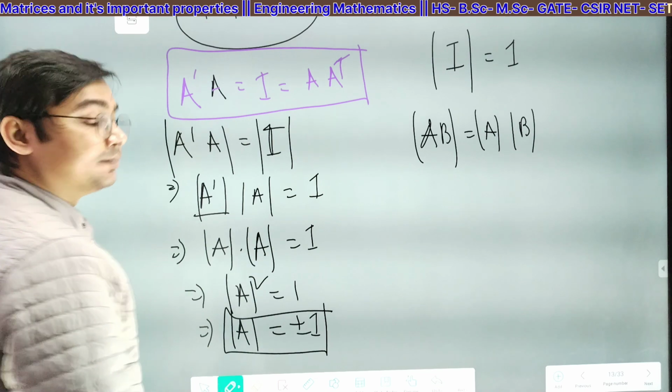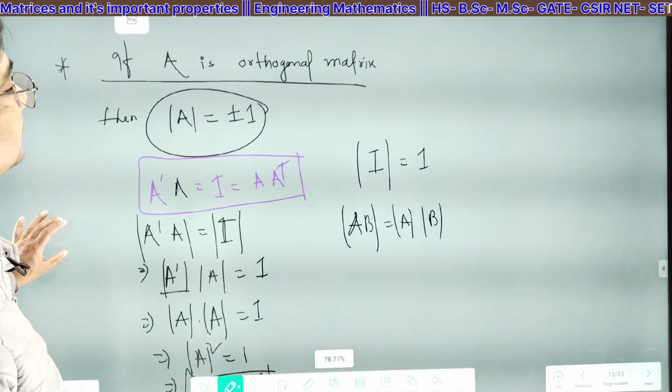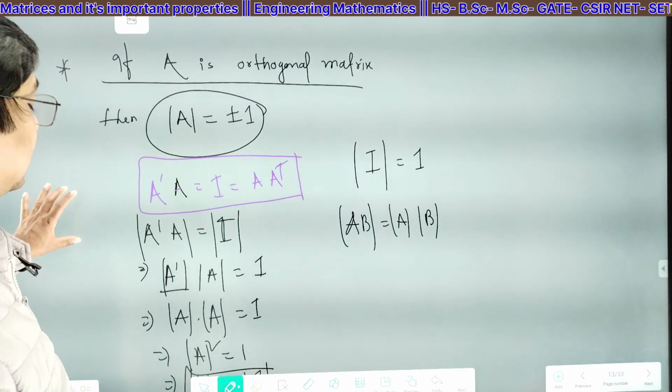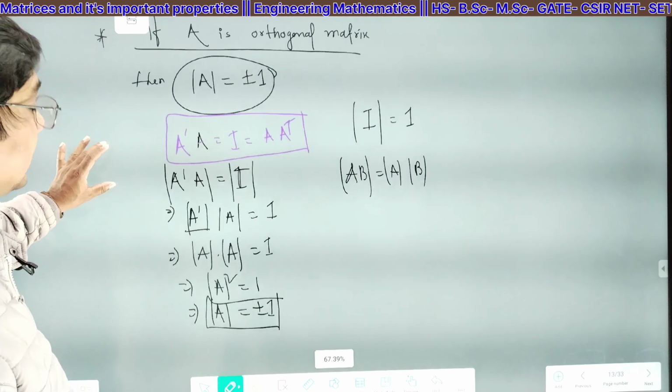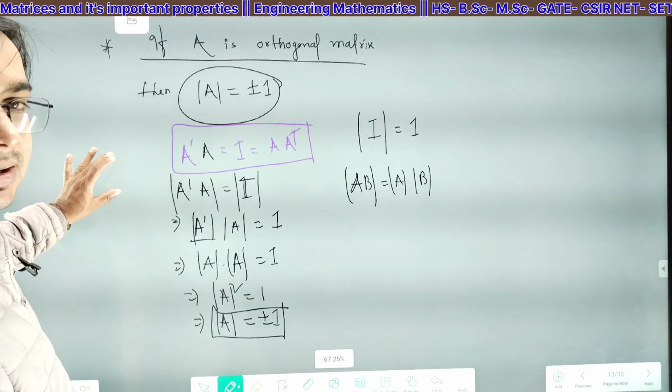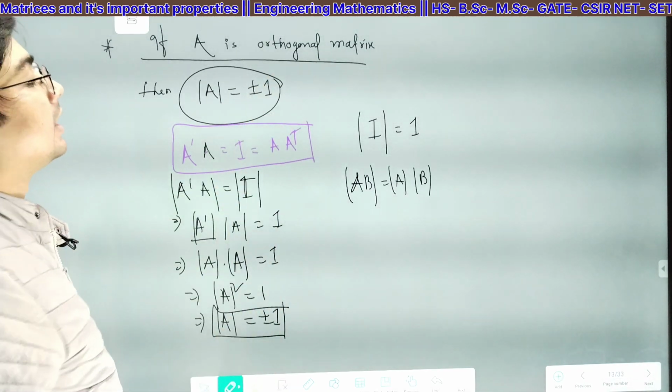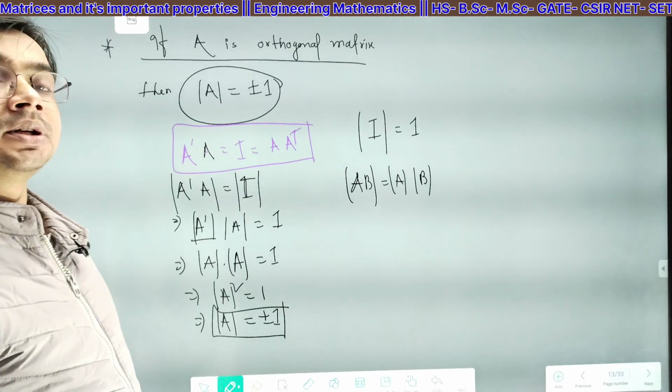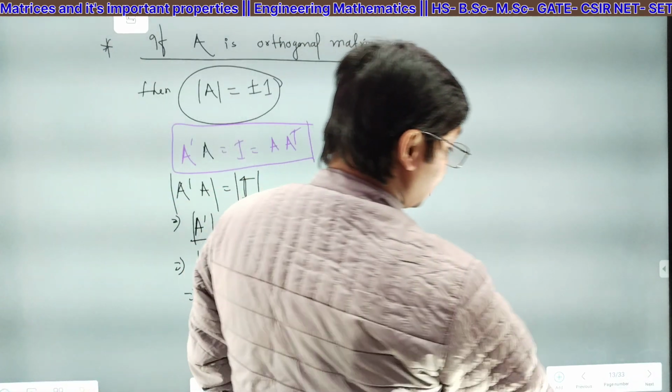This is the proof of this property. This way we can easily prove all the properties, so I think you can easily remember them. For any orthogonal matrix, the determinant of that matrix will be plus or minus 1.